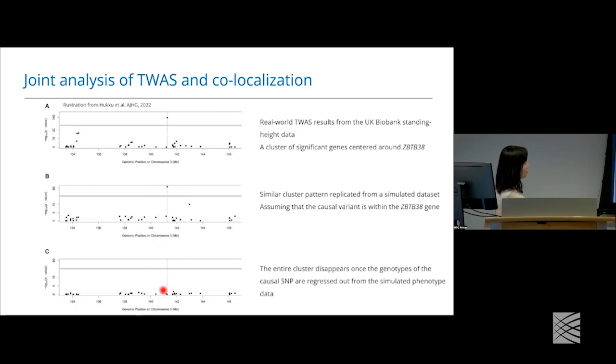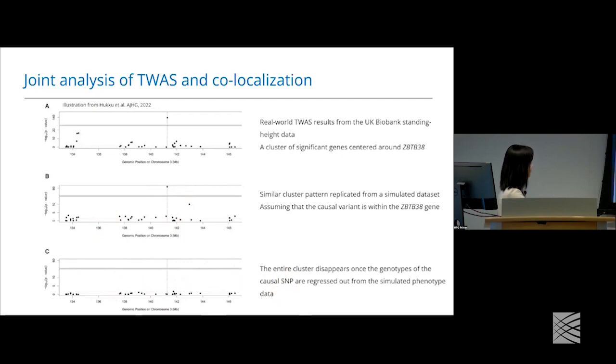In panel C, they regress out the causal SNPs from the simulated phenotype data, and as you can see here, the entire cluster just disappears. This means the reason why those other genes were significant before is not because they have a causal variant within their region. It is because they are close to the true causal gene.